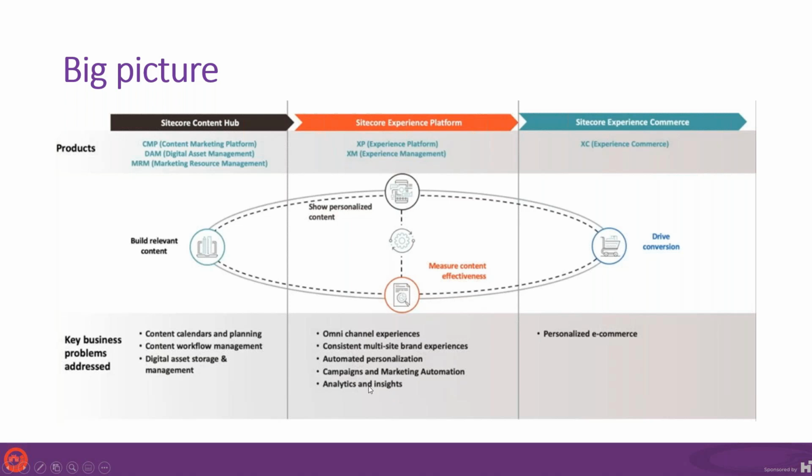And Sitecore Experience Platform, using its features like omni-channel experiences, multi-sites, campaigns, will distribute the content to the end users. And in the case of e-commerce applications, this content can be useful for driving the conversions, which will generate the business value. So this is the big picture of how it looks with the Sitecore Content Hub in place.